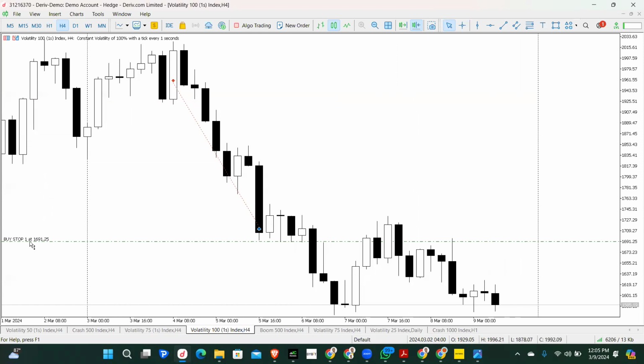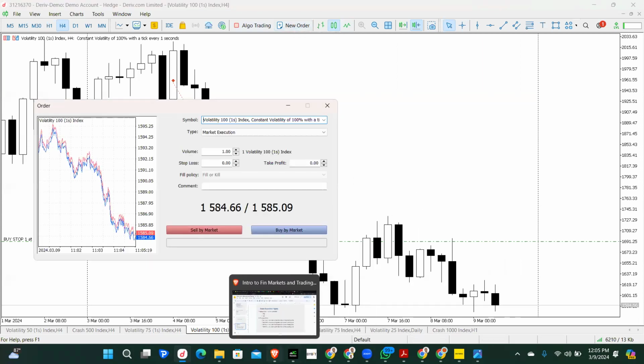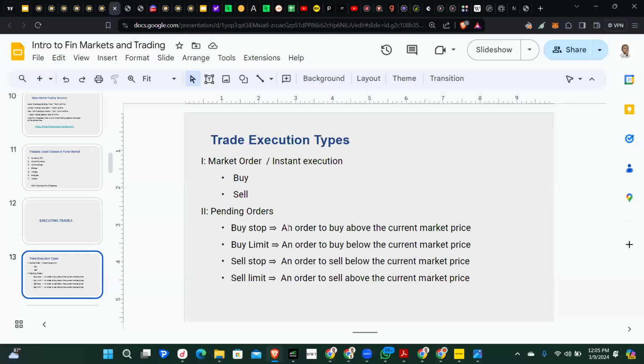Now let's do another thing. Let's try to use buy stop, but try to buy below the price, and see if it will work. Because you know that we use the buy stop to buy above the current market price, but we use the buy limit to buy below the current market price. So what I want to do now is to use buy stop and put a price below the current market price. Let's see if that is going to work.